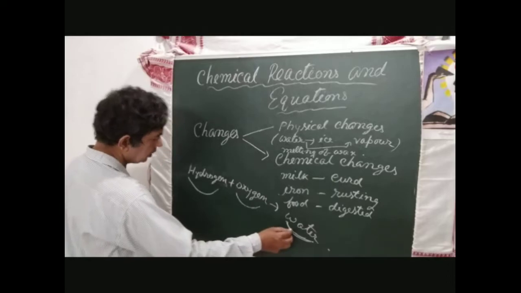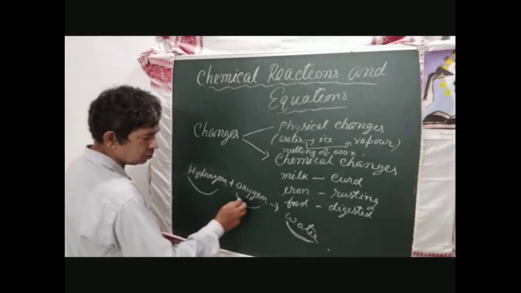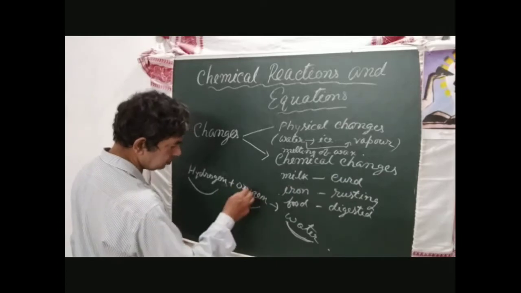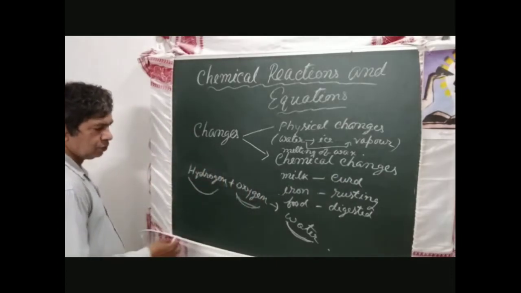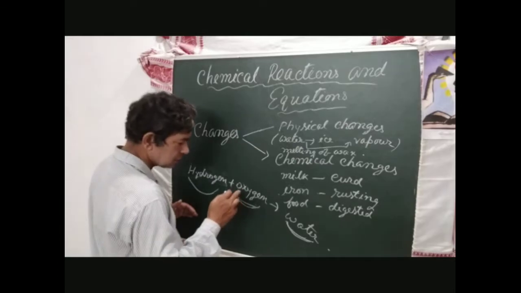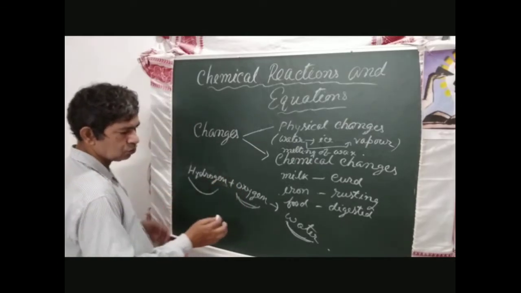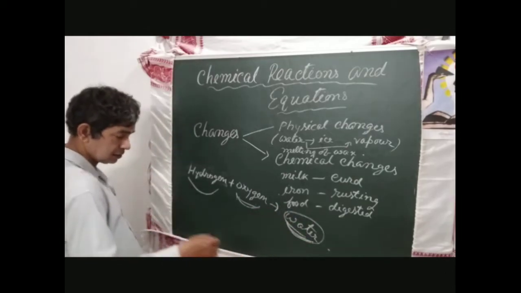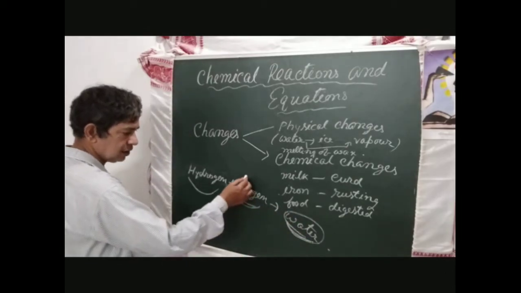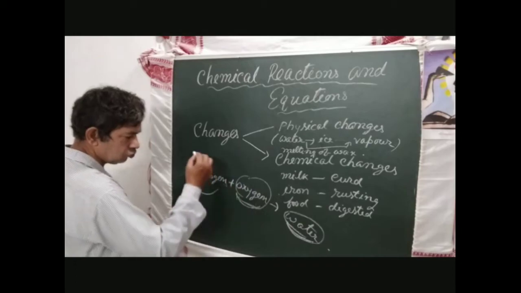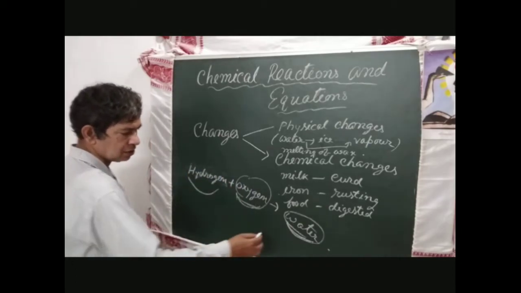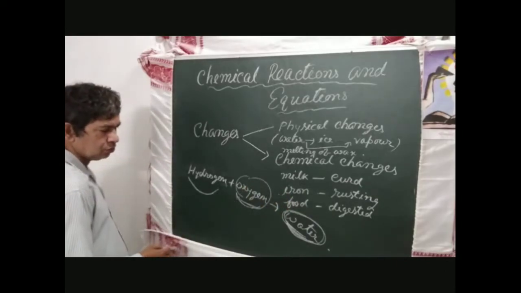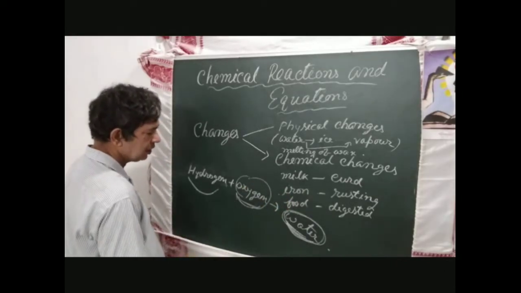The property of water is not like that of hydrogen, and not like that of oxygen. We know oxygen helps in burning, but water extinguishes fire. That is, oxygen helps in burning, but water has totally different properties; it extinguishes fire.